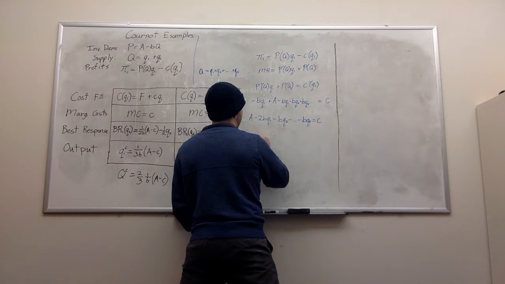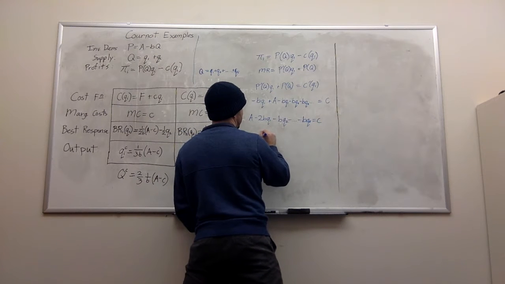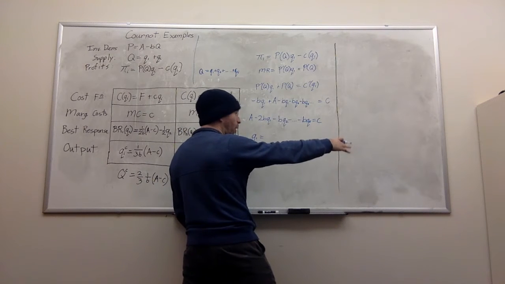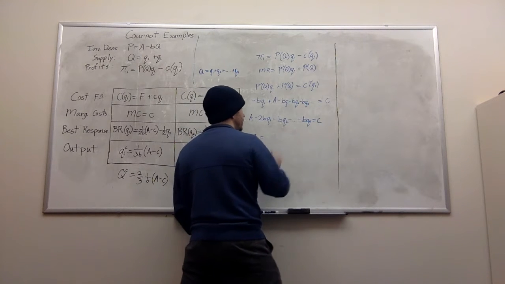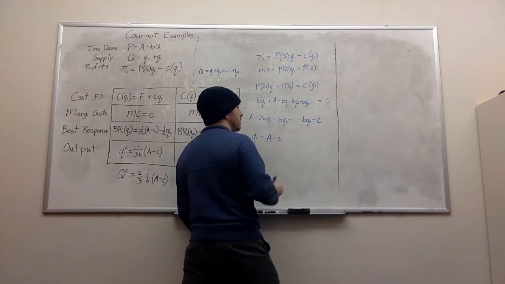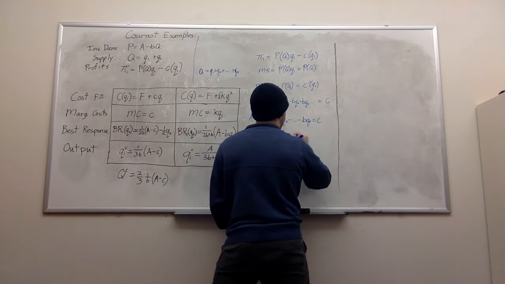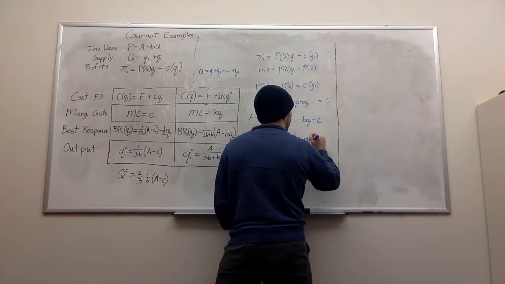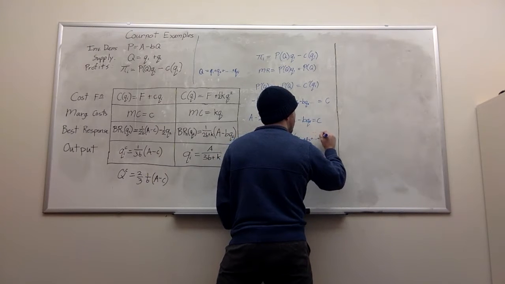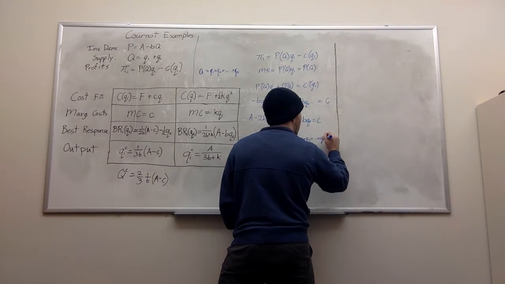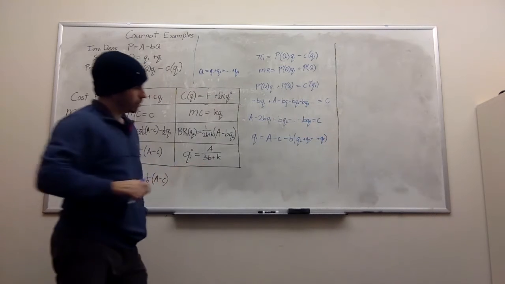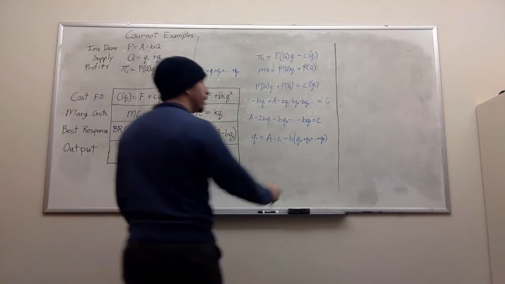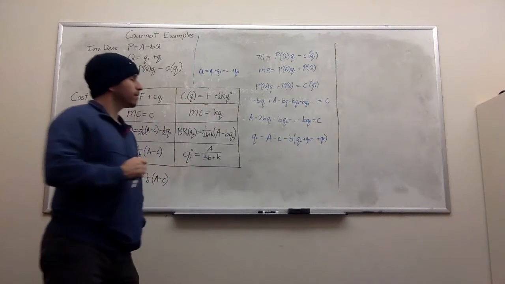then you'll note that Q1, if we solve for that so that we have a best response function given the strategies of all of their n minus 1 opponents, is going to be A minus C minus B times Q2 plus Q3 plus all of the little q's for however many n minus 1 other firms there are, right?